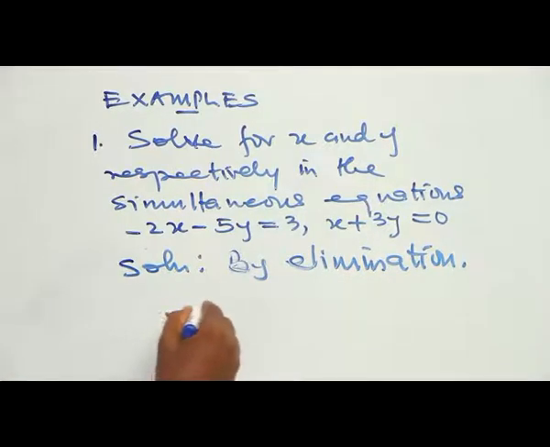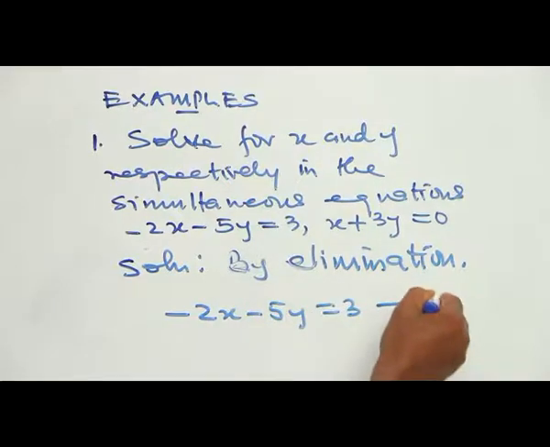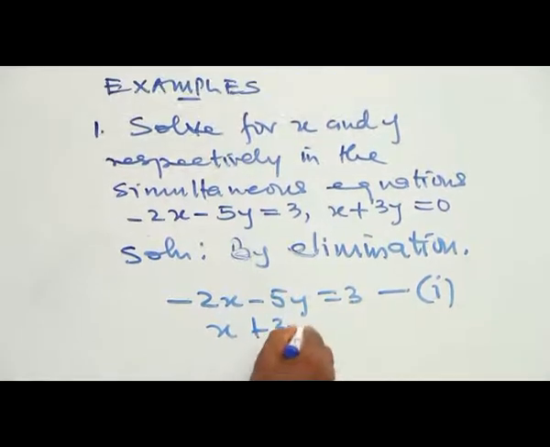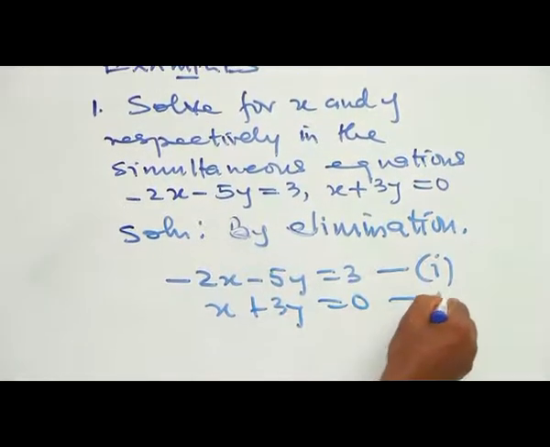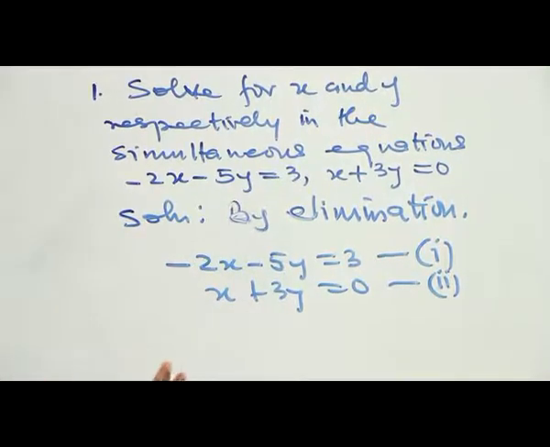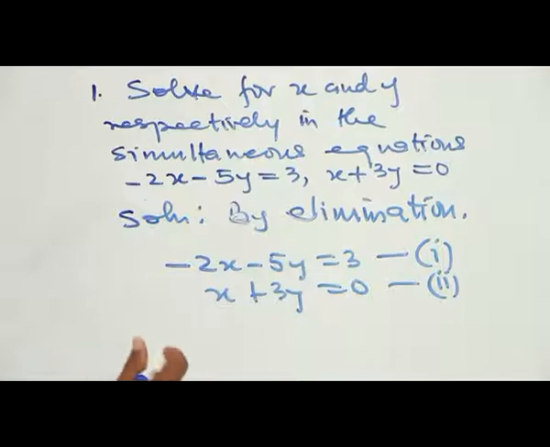So we have our minus 2s minus 5y equal to 3 is still your equation 1. Our s plus 3y is equal to 0 is still your equation 2. Now, because we want to eliminate, we have to make the variable of one of the equations equal in terms of modulus to the variable in the other one.